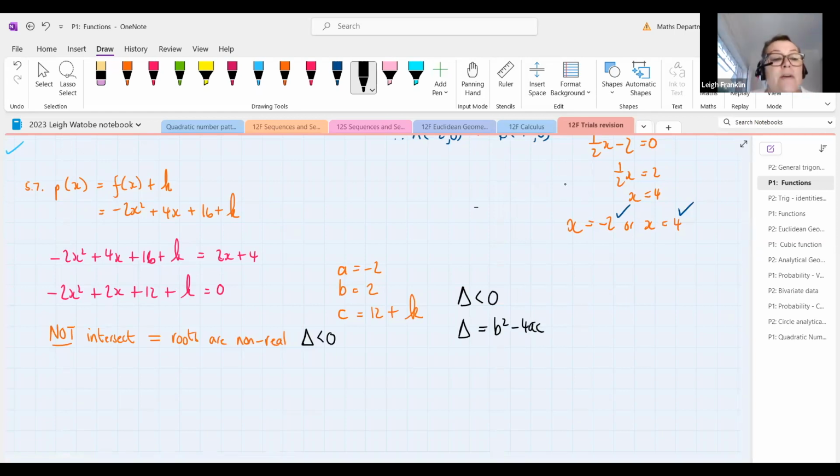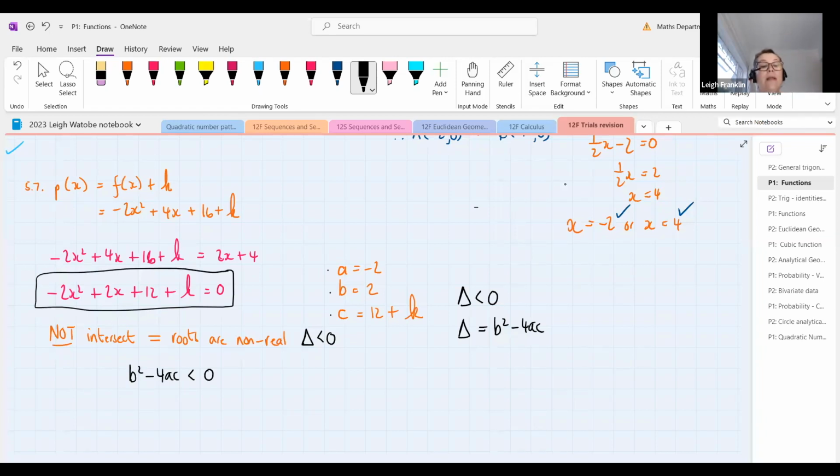So this is our equation in standard form. We know what our a and our b and our c are. So what we do is this. We are going to solve b squared minus 4ac is smaller than 0 because the roots are non-real.